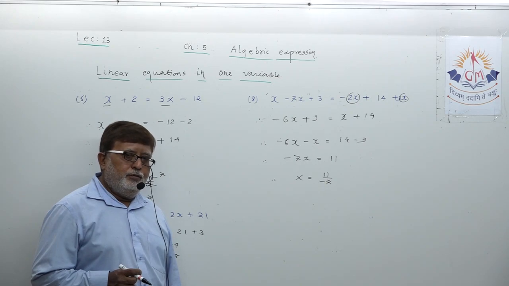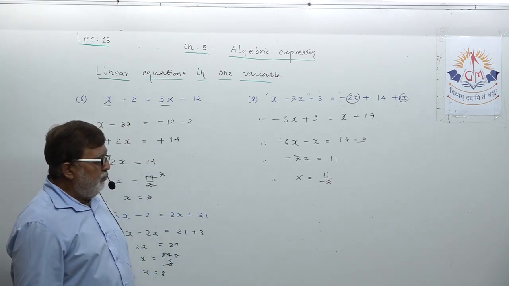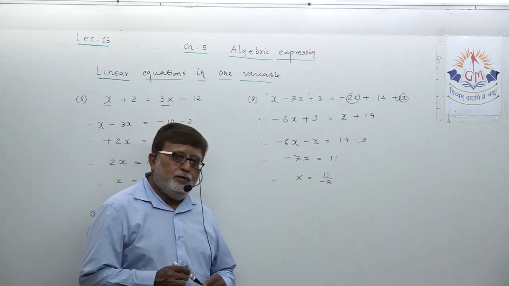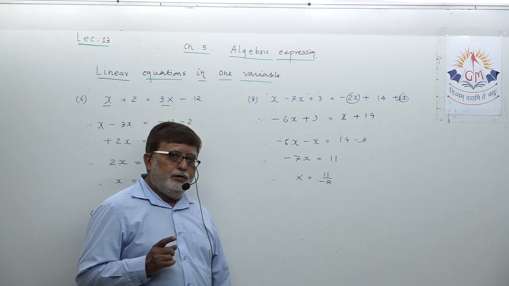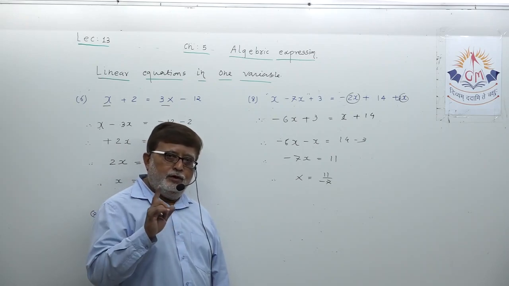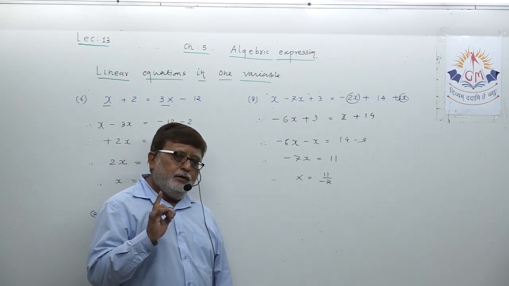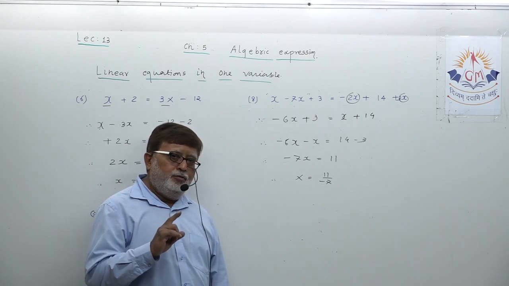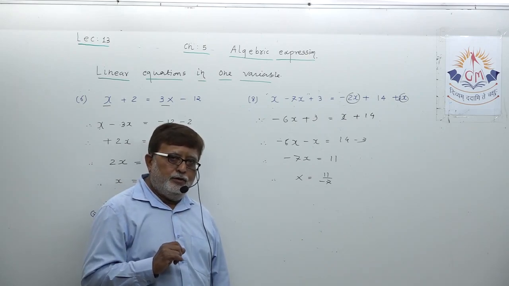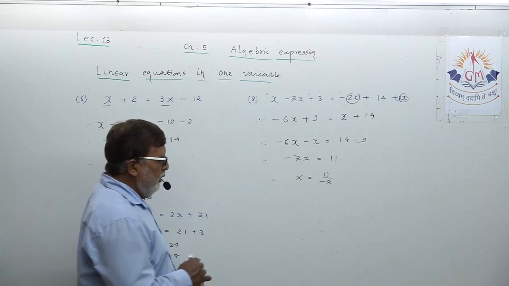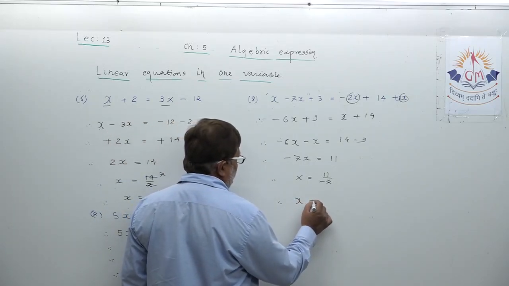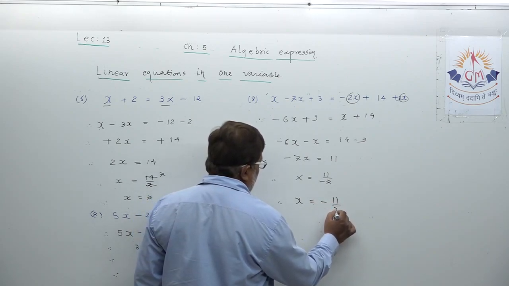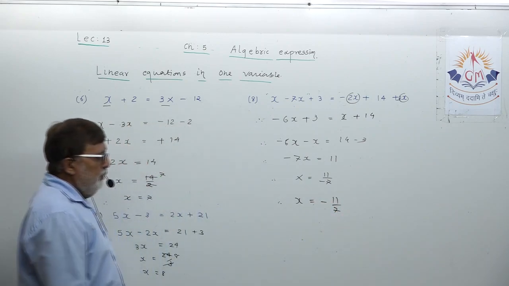Then a question may arise in your mind, then how to write the answer? See dear student, this is a rational number, okay, whenever you get negative sign either in numerator or denominator, the final answer has to be written this way, minus 11 upon 7.